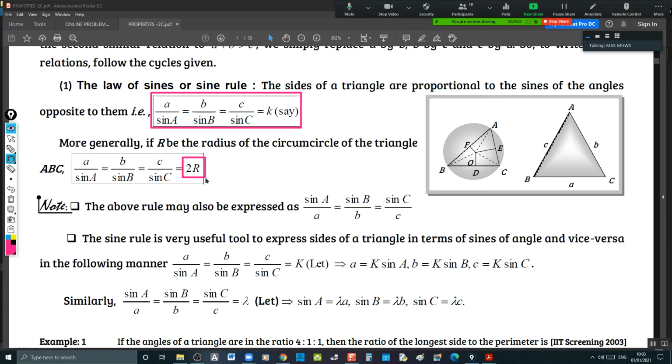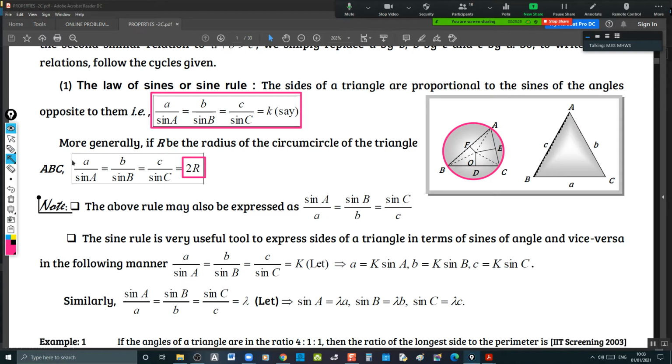If you take any triangle here, you can see there is a circumcircle formed to the triangle here. That circumcircle's diameter is nothing but 2 capital R. These are the standard notations of the terms that are used in properties of triangles.